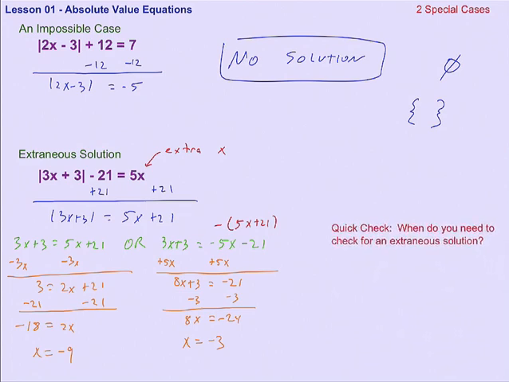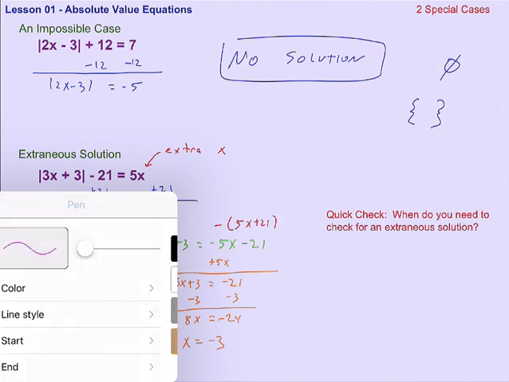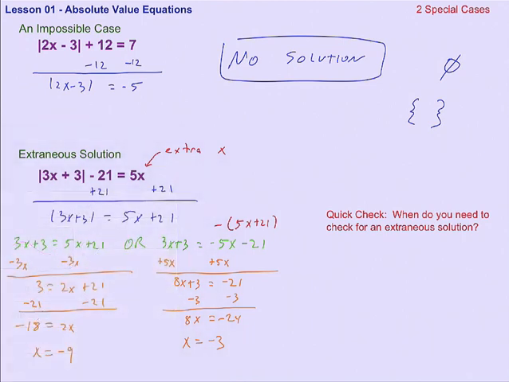that extra x, I'm going to need to check for an extraneous solution. And you might remember this from Algebra 1. When you check a solution, what you do is we're saying that this x, this unknown number, has to be negative 9 or negative 3. Well, let's see. If x is really negative 9, does the equation work?